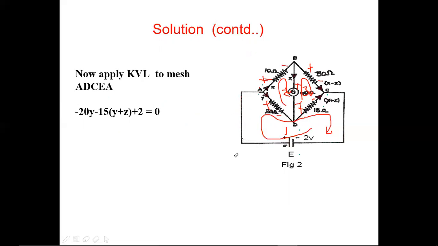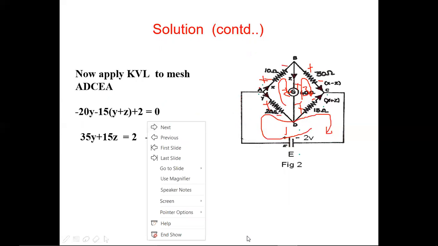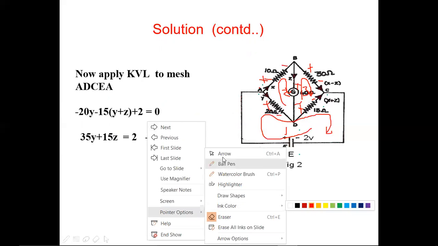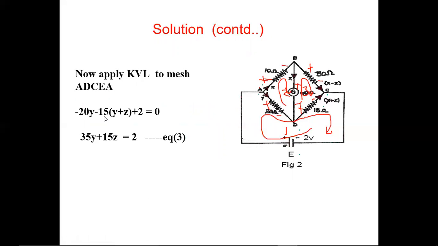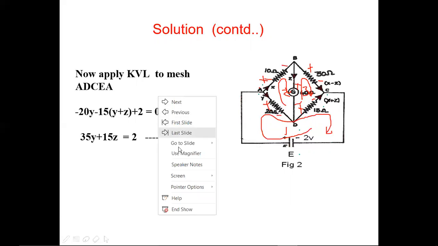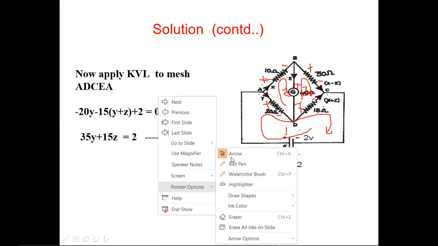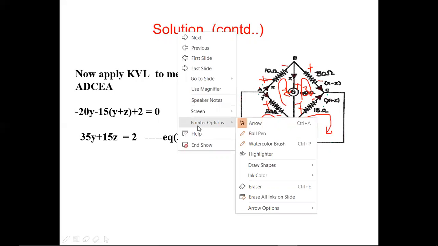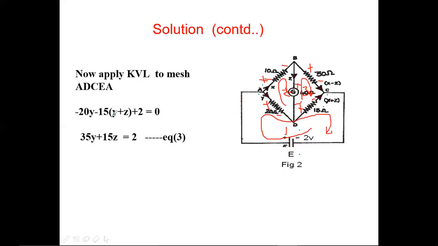Where is the next loop? After doing algebra, minus 15 minus 20 is nothing but 35Y.